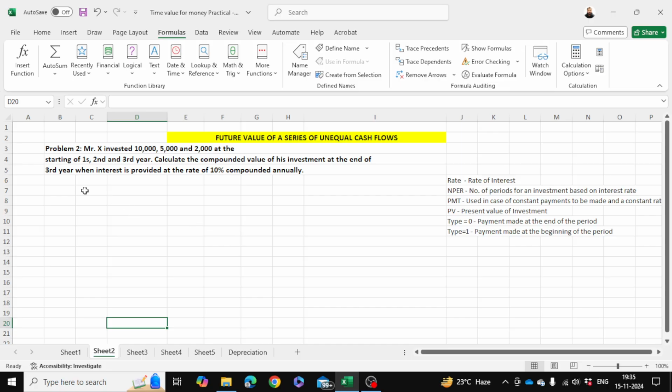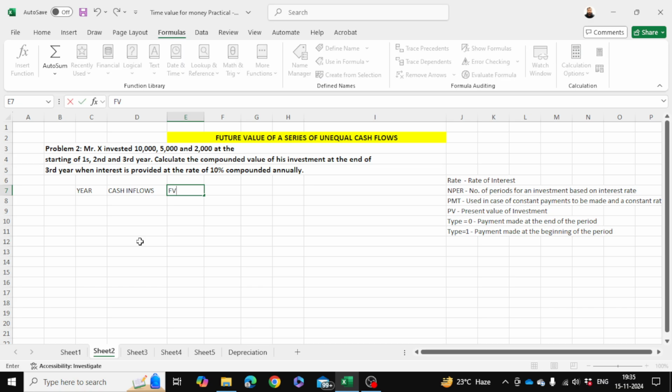So in this question we will be preparing a table. So here we can write down the year, we can write down the cash inflows, then future value you are going to calculate in this particular cell.